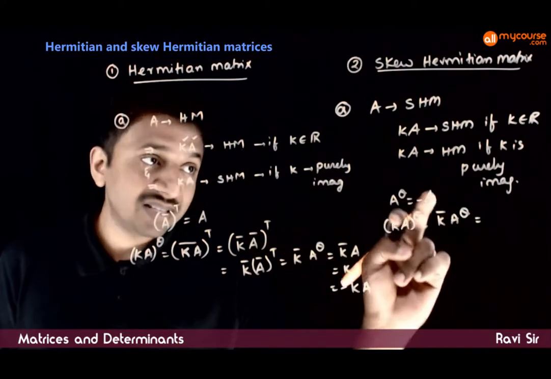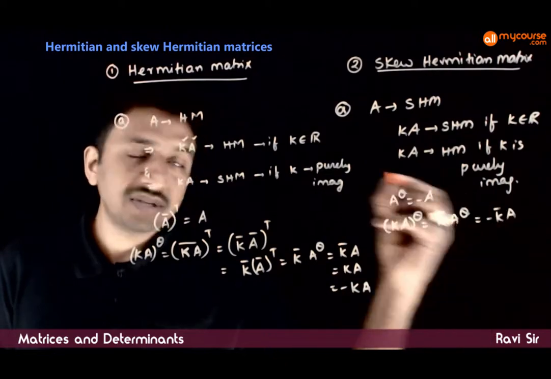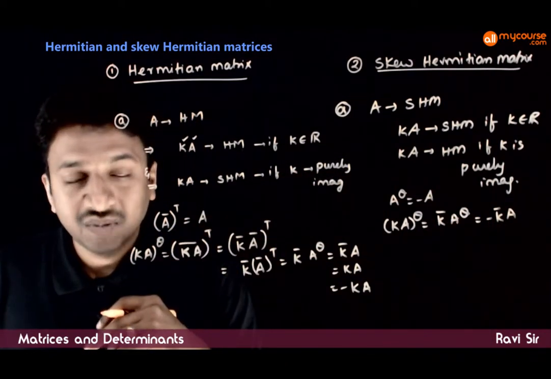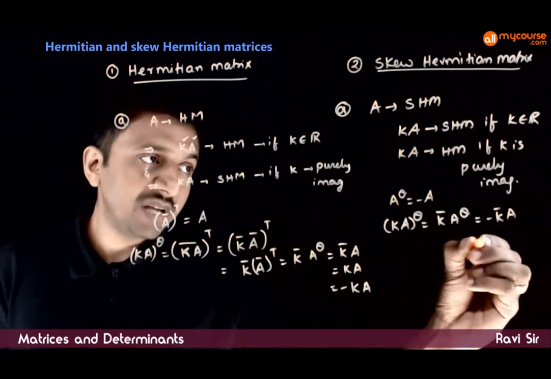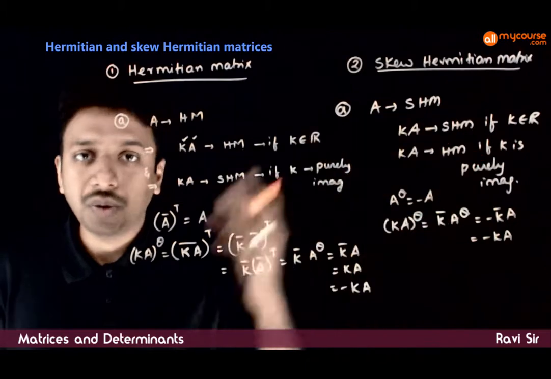So A theta is minus A, so this is equal to minus K conjugate times A. So if K is real, this becomes minus KA, which makes it skew Hermitian.